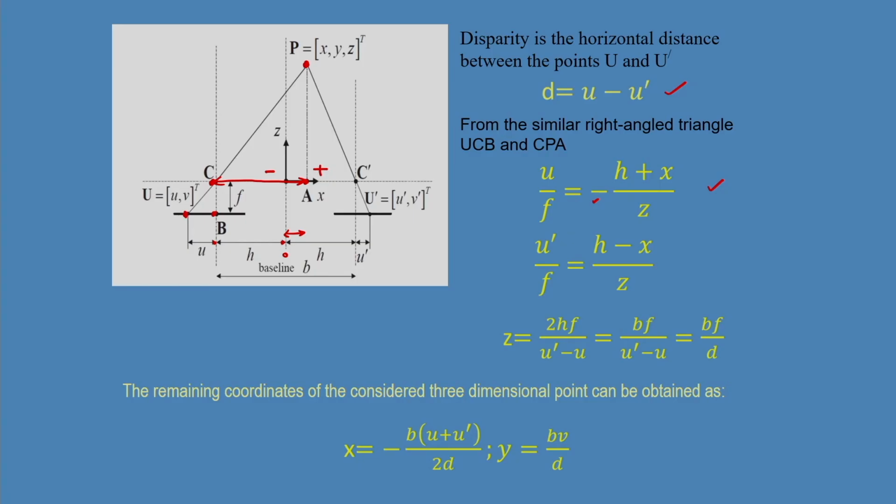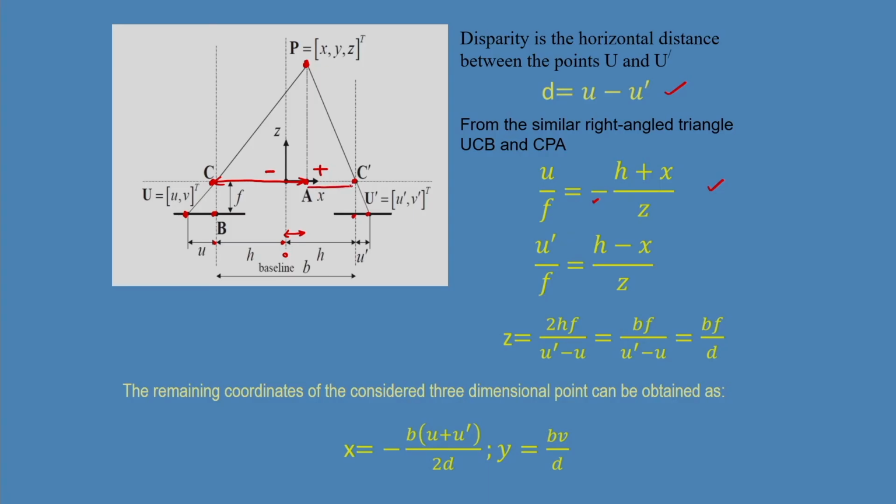Similarly, if I consider the other triangle, this triangle and also this triangle, corresponding to this what am I getting? u dash divided by f, where f is the focal length, and I have to find the distance.